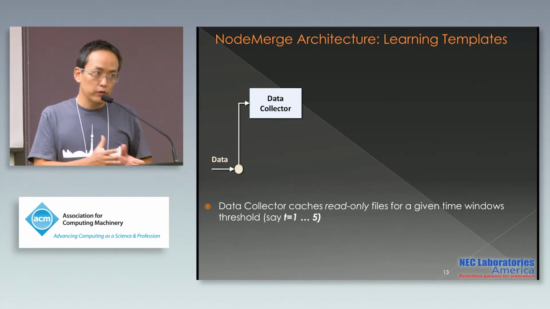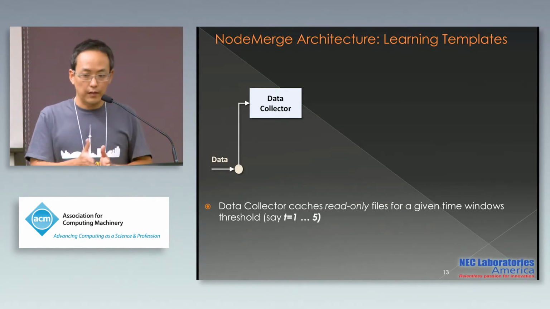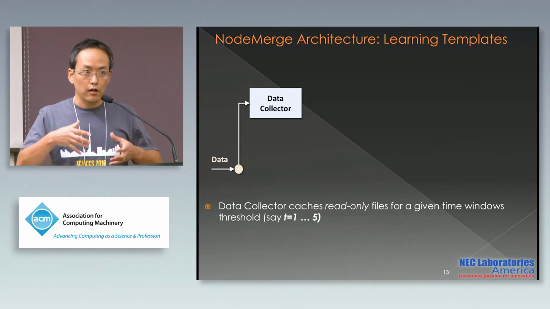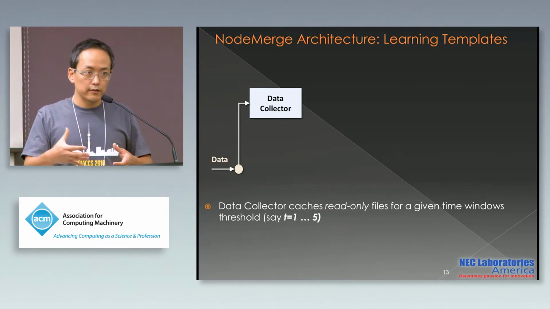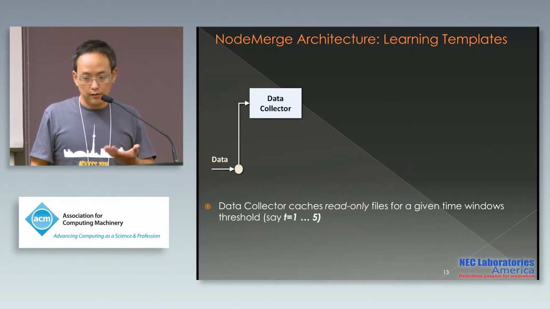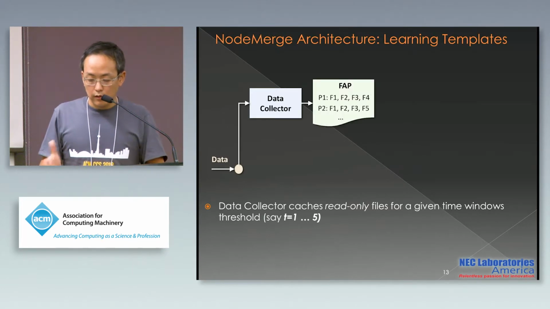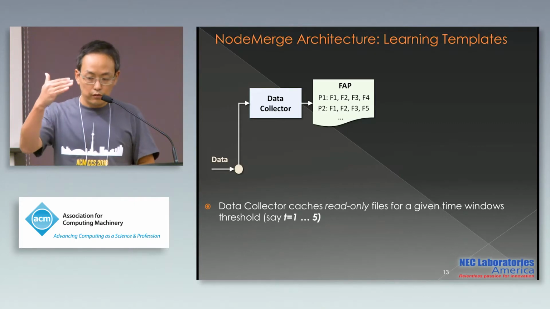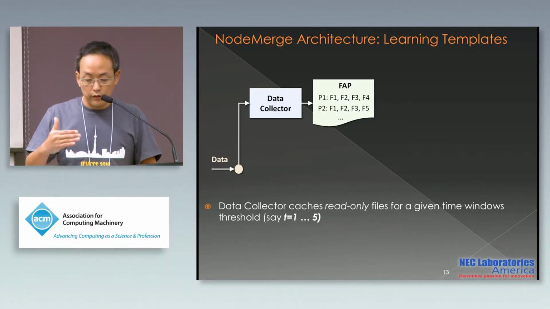This is tunable; we set it from 1 to 5 seconds. So we only collect the read-only files accessed in the bootstrapping stage for a defined time window. And then the data collector stores the frequently accessed patterns for given processes.